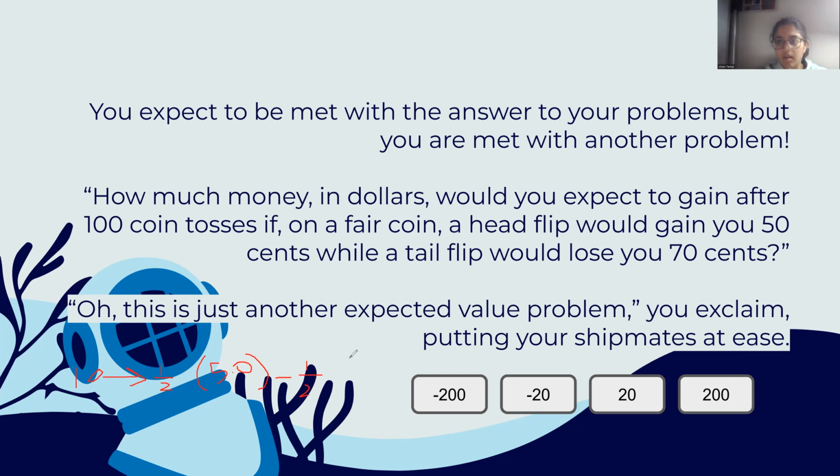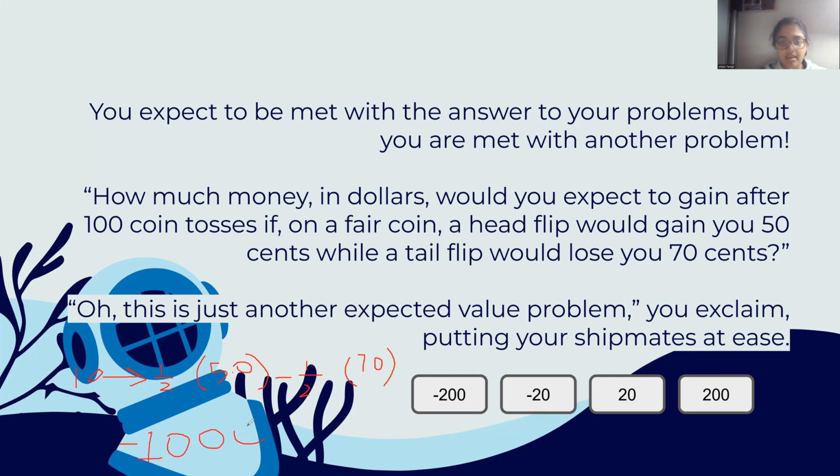So 1/2 times 50 minus 70 is equal to -10. And then you would multiply it by 100.